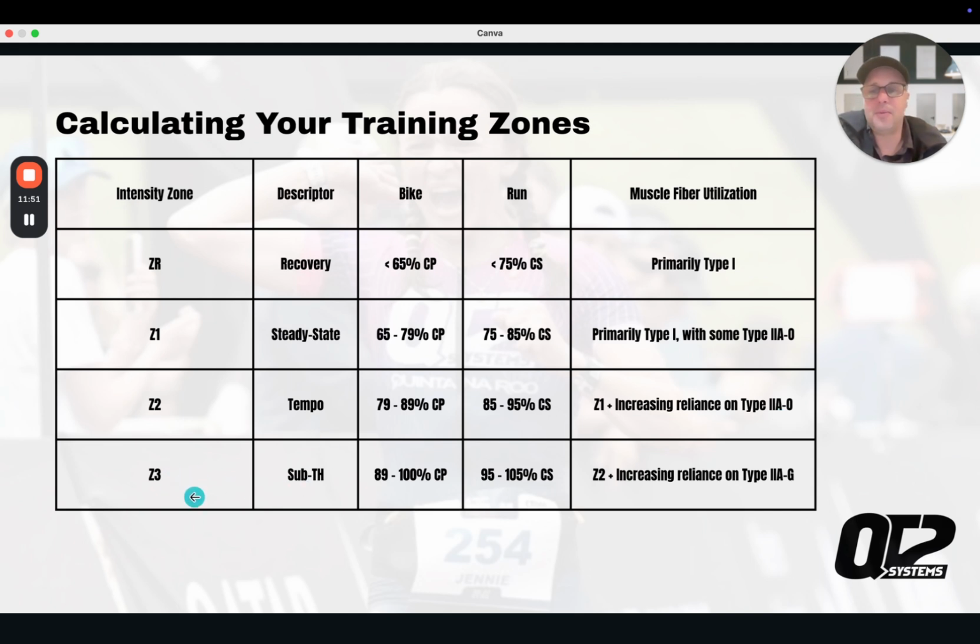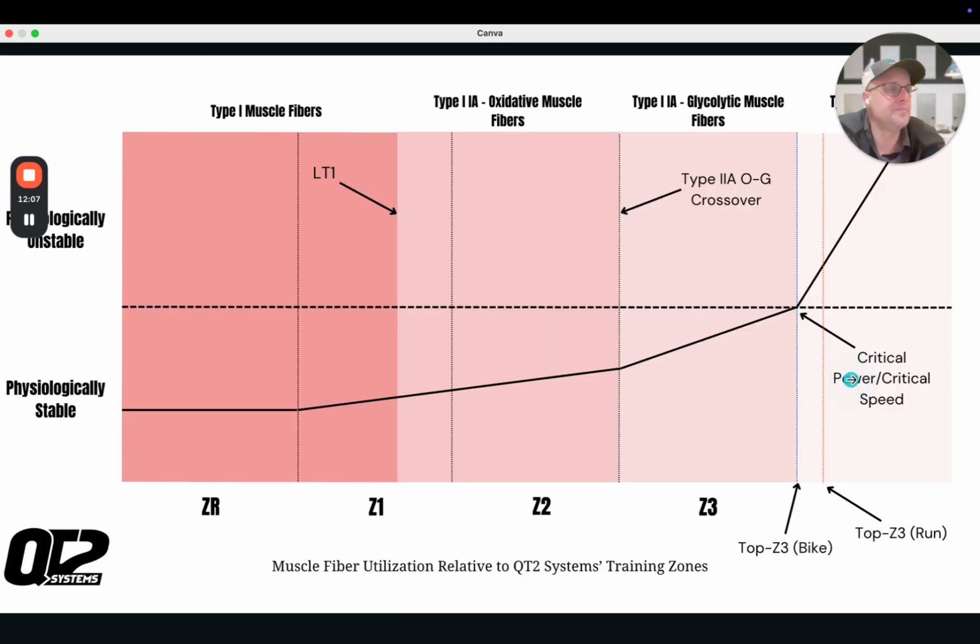And then lastly, the subthreshold tempo zone is between 89 and 100% of critical power, 95 to 105% of critical speed, and it's all of zone 2 plus an increasing reliance on type 2A glycolytic muscle fibers.